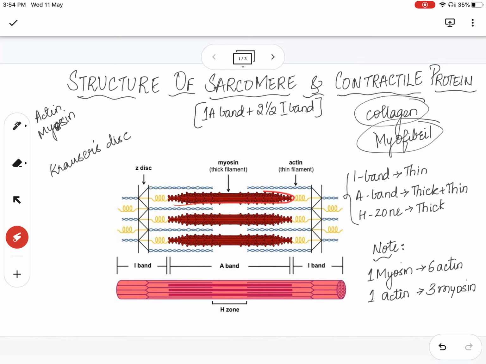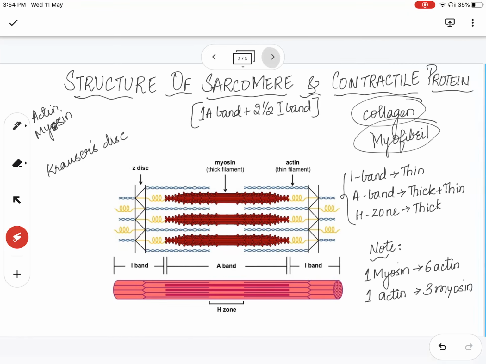One actin filament is surrounded by 1, 2, 3 myosin filaments, and one myosin by 1, 2, 3, 4, 5, 6 actin filaments. That is the way they are considering it. So one actin filament has how many myosin? 3 myosin. They are taking a whole representation, so you need not be confused. Here 1, 2, 3 myosin. 3 myosin equals 6 actin. 1 actin equals 3 myosin. That way you remember.